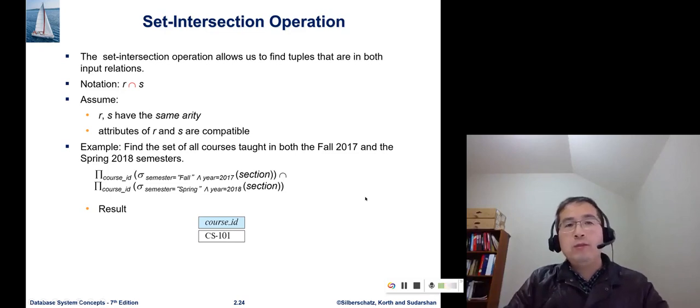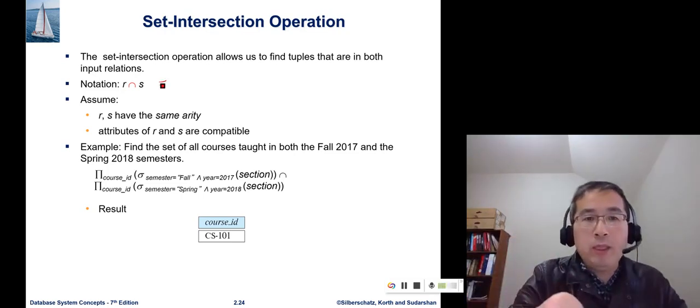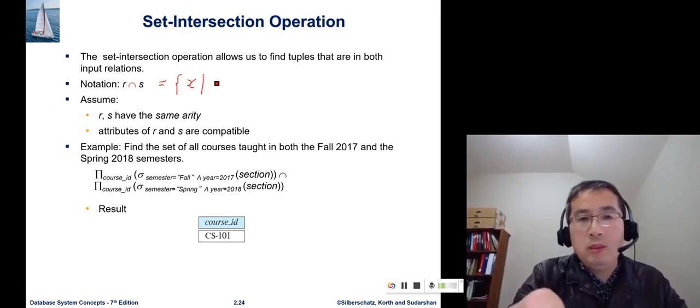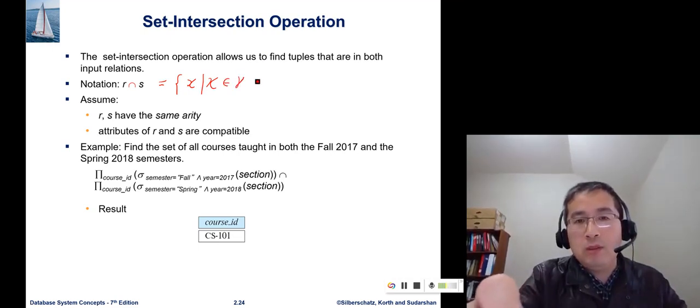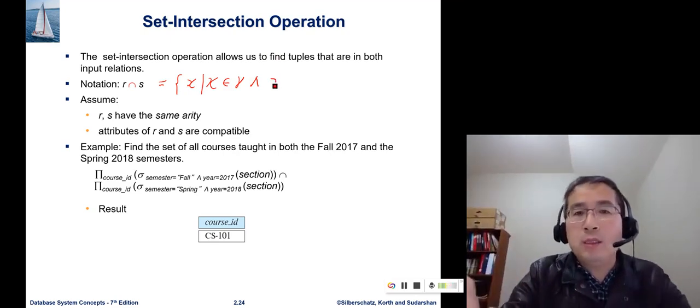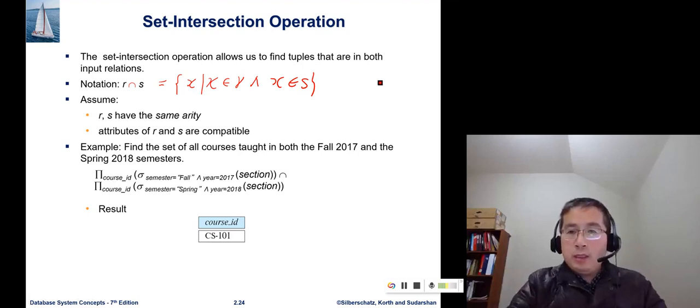So if we have a union, and then we have another one called intersection. Similar to before, we can write out its set definition. It's all the elements that come from both R and S. Intersection means this one.